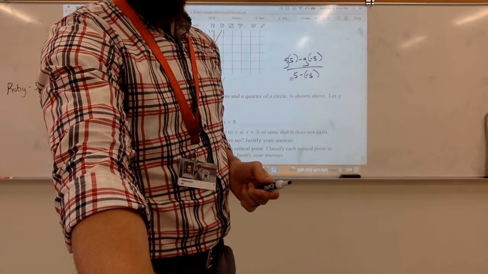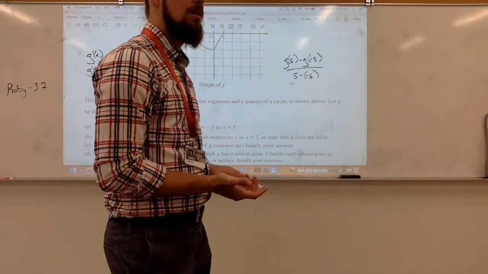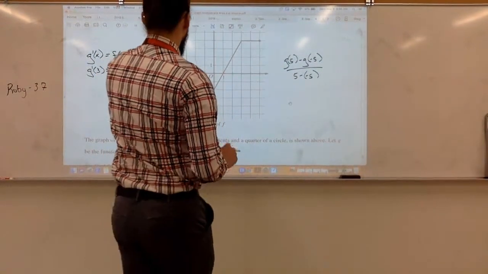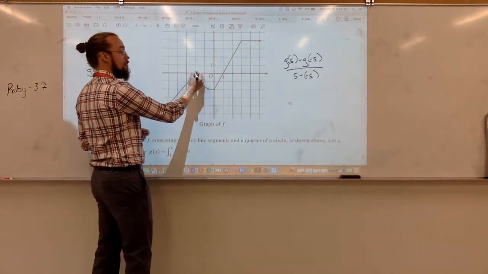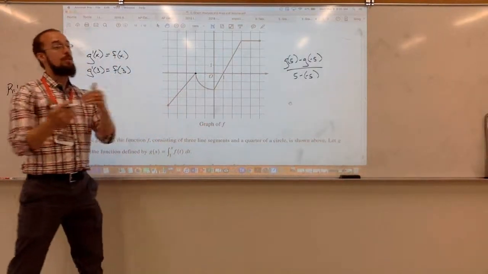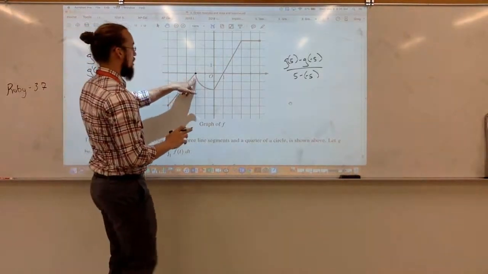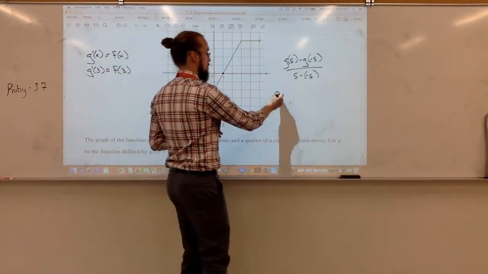And then D, a critical point is where the derivative equals 0, so it's just where F equals 0, right? So that would be at -2 and at 0. This would still be a critical point, but it would be neither a min nor a max. Then we could make a sign chart.